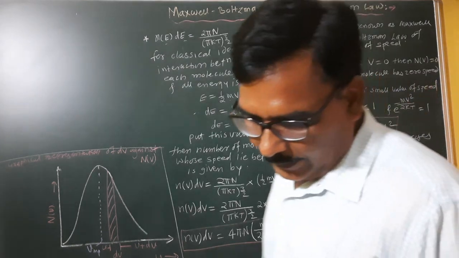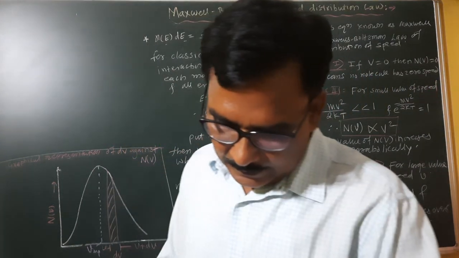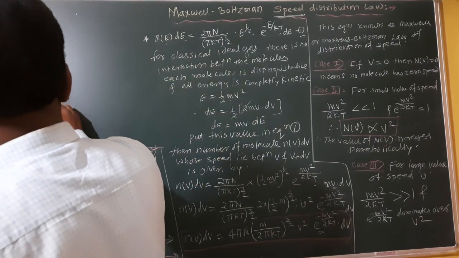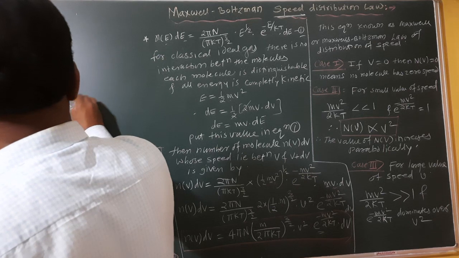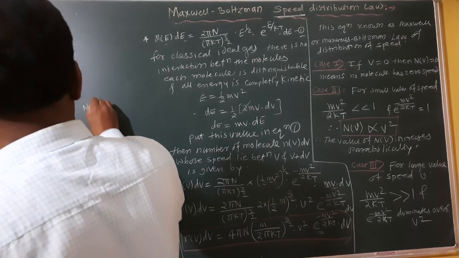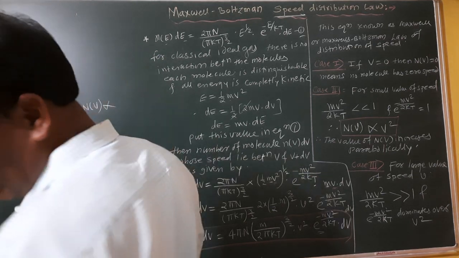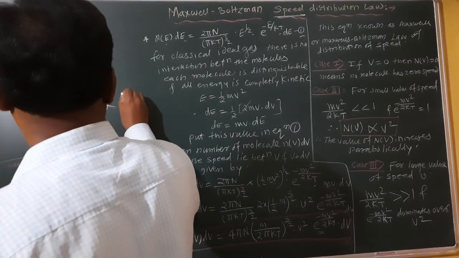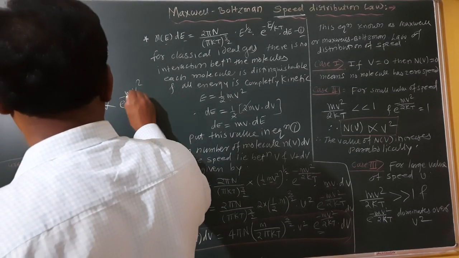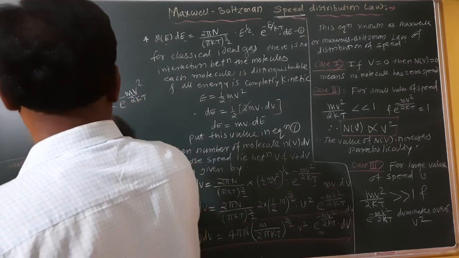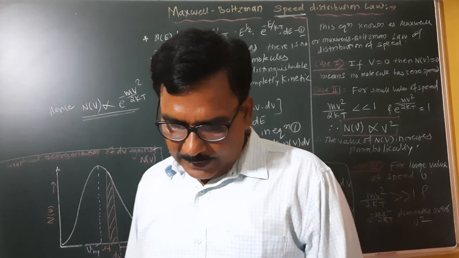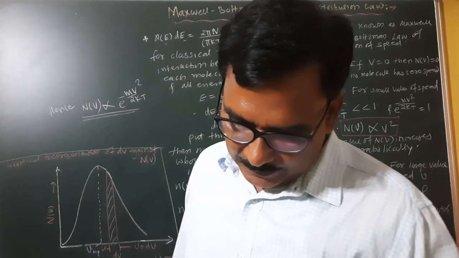Hence n of v is directly proportional to e raised to minus m v square upon 2 k t, and n of v decreases exponentially with increasing value of v.